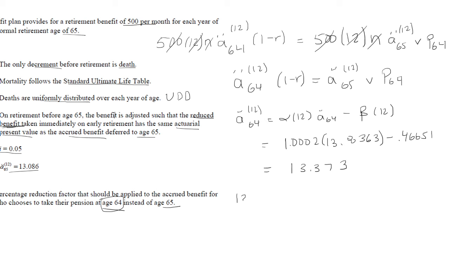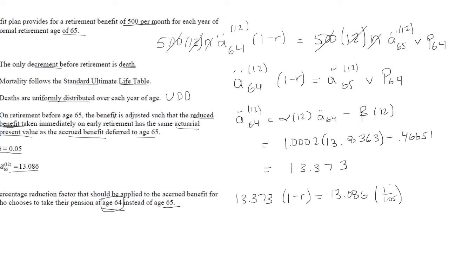So we're going to plug that back into the equation. I still don't know what the reduction factor is, because that's what I'm looking for. Now the annuity due at age 65 is 13.086. v is 1 over 1 plus i, which is 1 over 1.05.